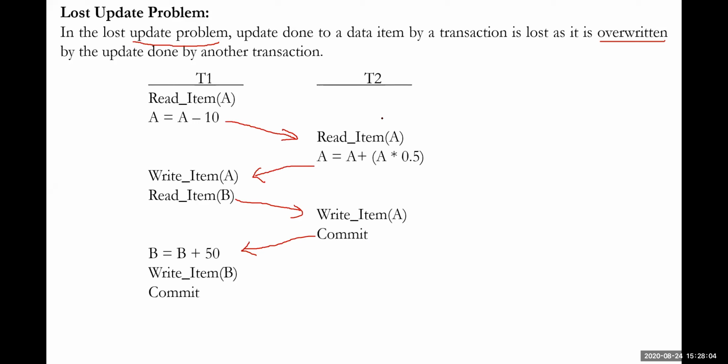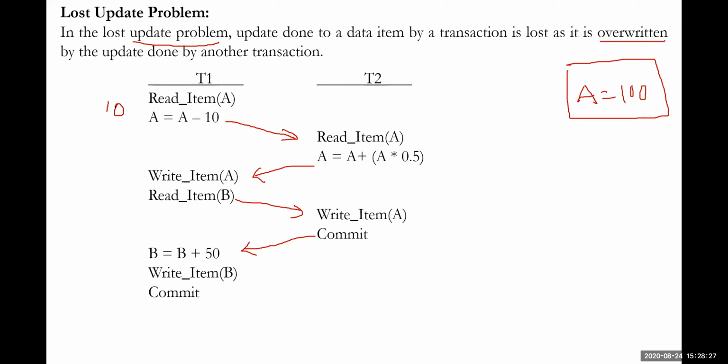Now, consider that both transactions are taking the value from the global area, the global database only. A is equal to 100. It has been read.